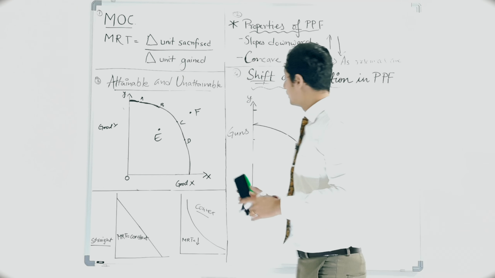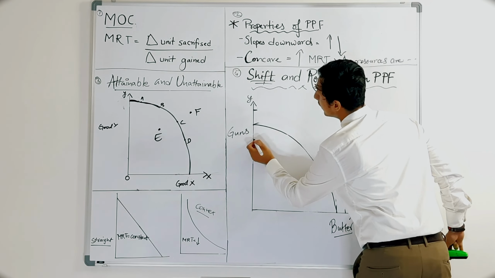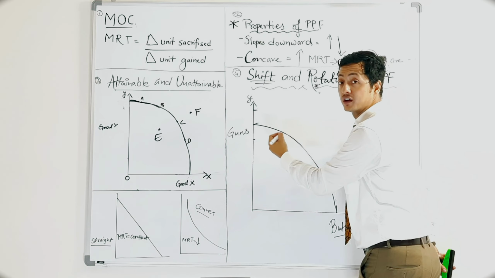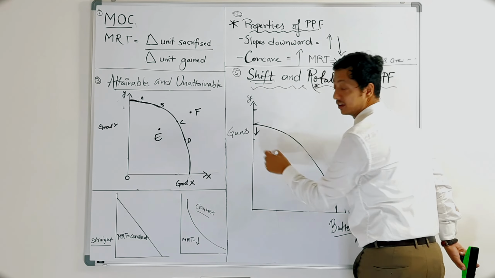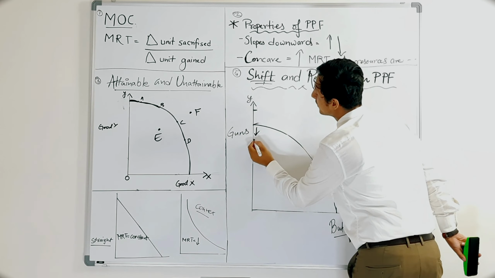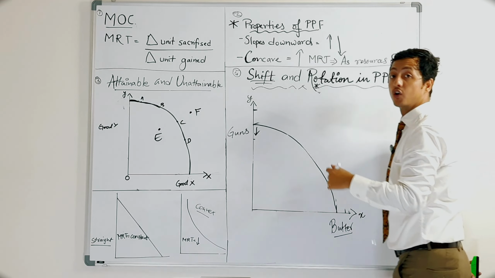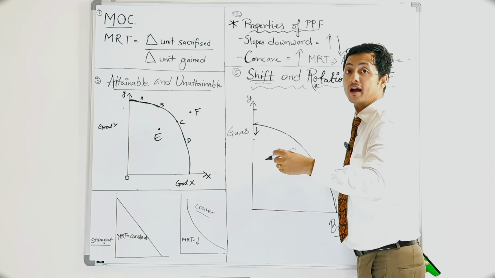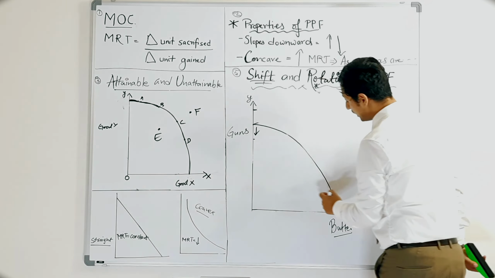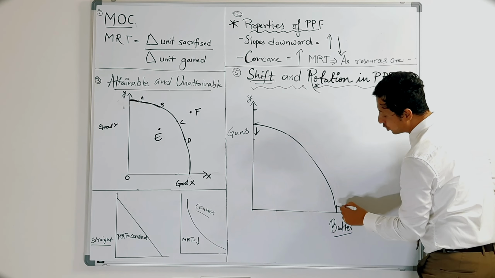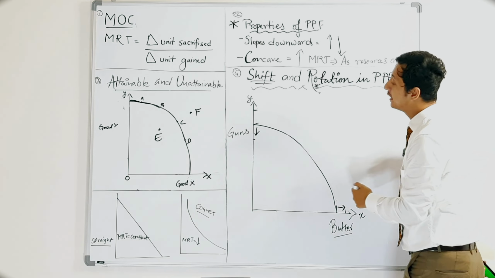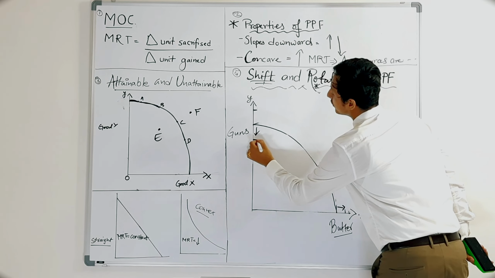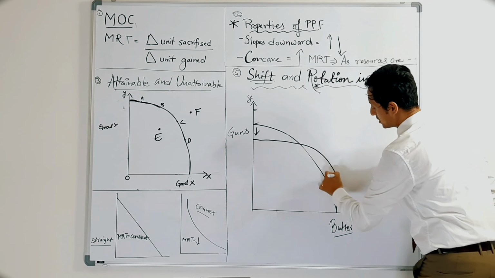In this situation, as the resources for producing guns have decreased, it will rotate leftward, inward. But as the resources for producing butter have increased, it will rotate towards the right, or rotate outward, right? So then the PPF curve will react in this manner.